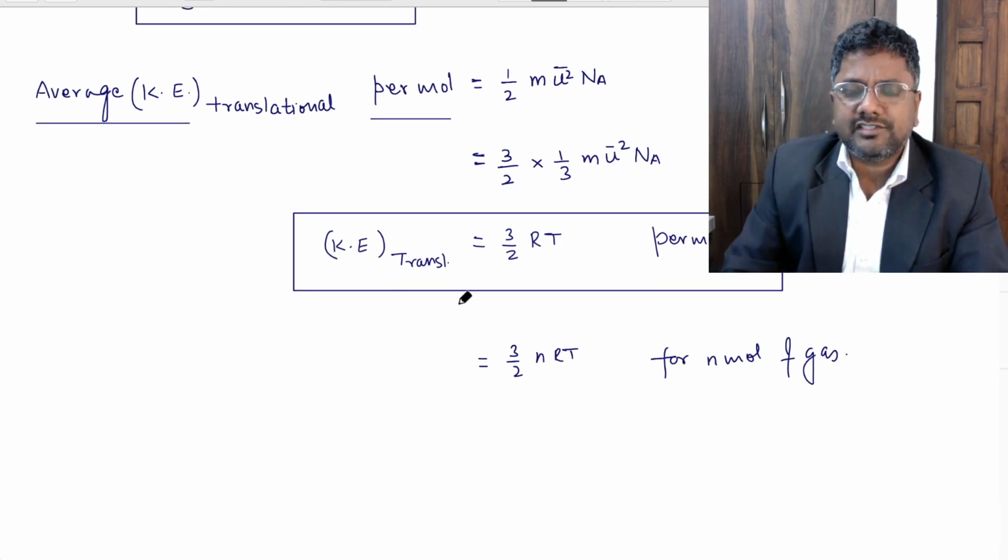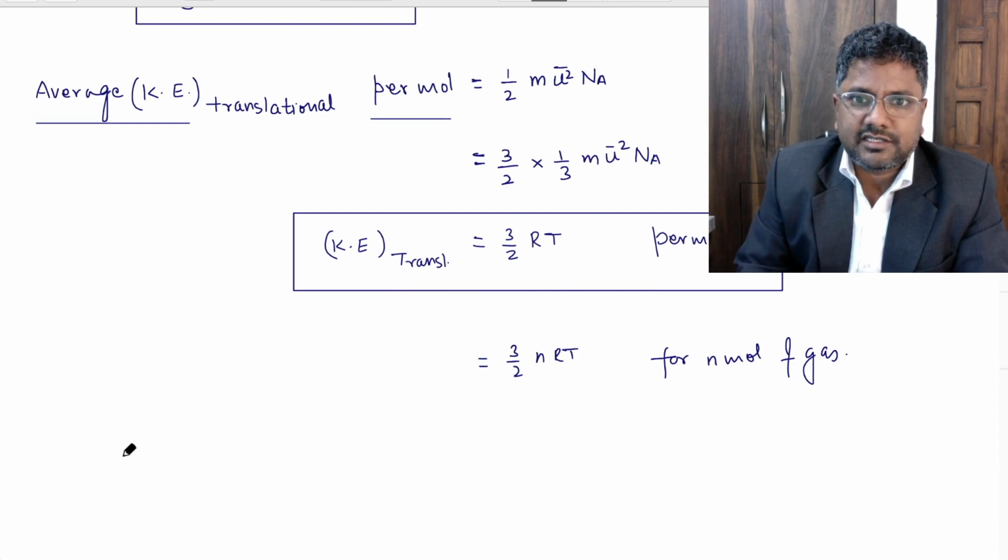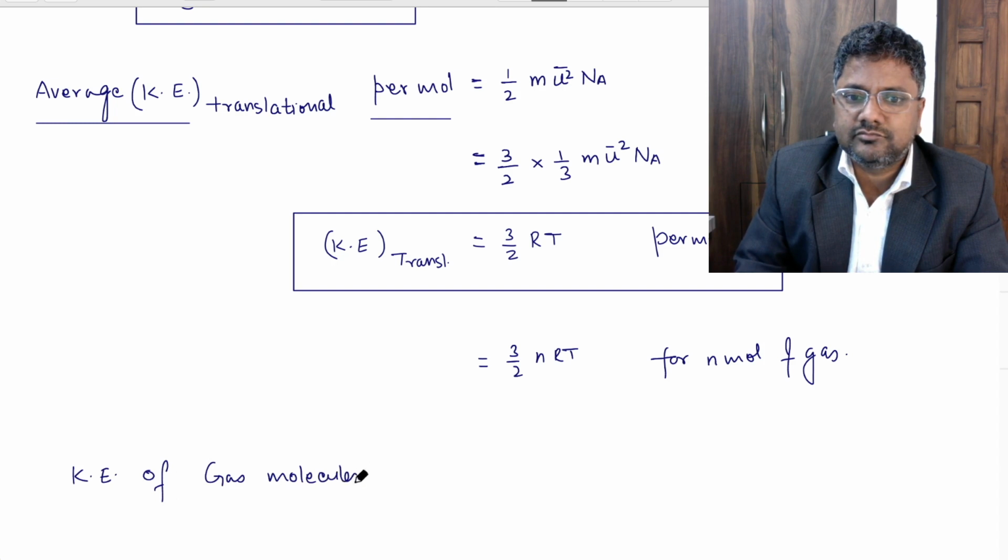So from this equation you can say that the translational kinetic energy of gas molecules depends only on temperature.